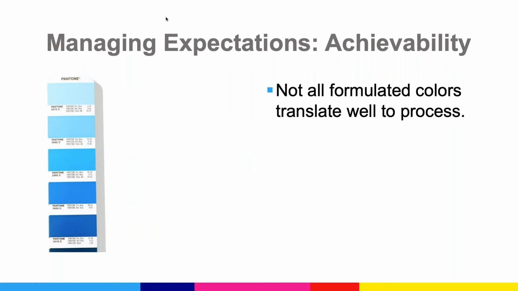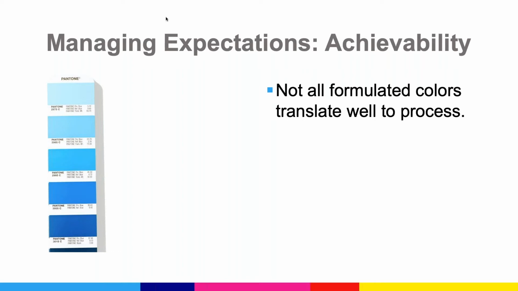Another one with respect to achievability is, of course, probably one of the longest known issues: converting from spot color to process print. When we look at the fan deck and the formula guide, this is really the genesis of all things Pantone for the graphics product line, meaning for the print and packaging industry.